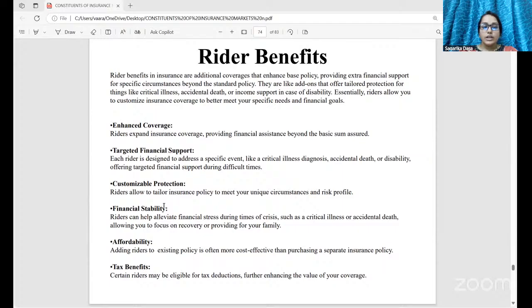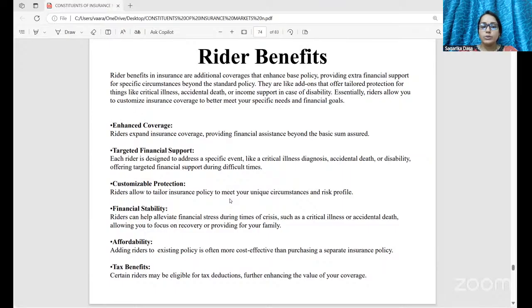Customizable protection: riders allow policyholders to tailor the insurance policy to meet their unique circumstances and risk profile. With the help of rider benefits, the policyholder can alter their policy. The standard policy can be modified depending upon their requirement and their risk profile.